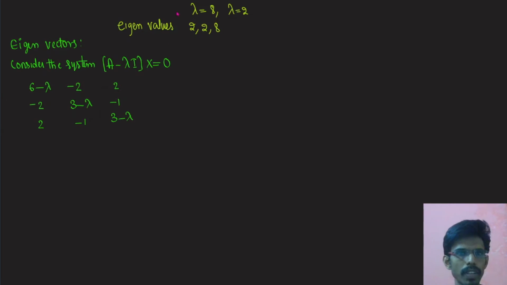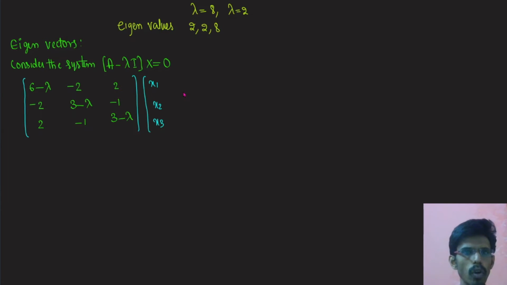So we want this A minus lambda I matrix into x1, x2, x3, or we can take x, y, z also, variables, equal to the null matrix. Now let us take this as equation 1.